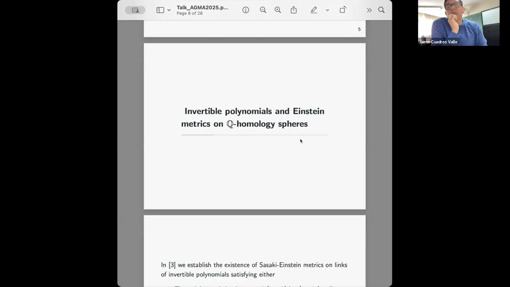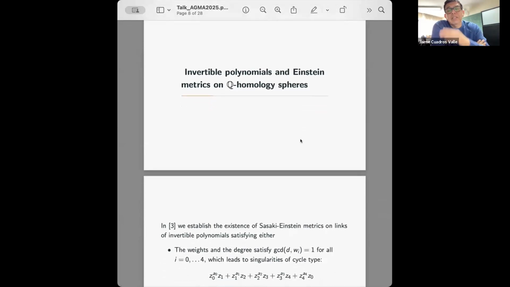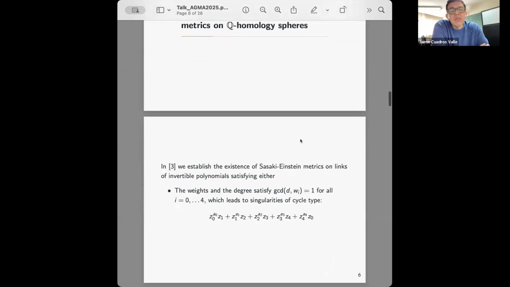And we will focus on links with certain nice topology, in this case Q homology spheres. The link will be called a rational homology sphere, or Q homology sphere, if the homology groups with rational coefficients are equal to the ones of the sphere, in this case of dimension 7.